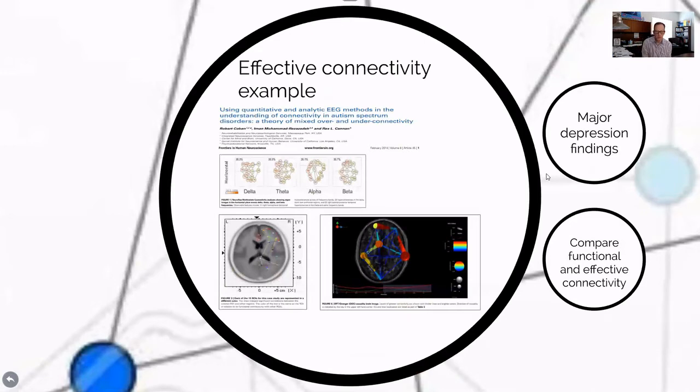So this is our 2014 study published in Frontiers in Human Neuroscience, in a special issue devoted to understanding autism. It was entitled Using Quantitative and Analytic EEG Methods in the Understanding of Connectivity in ASD, where we compared measures of coherence, multivariate coherence, sLORETA coherence, and Granger causality connectivity, and showed that Granger causality was the most accurate in terms of resembling structural connectivity.